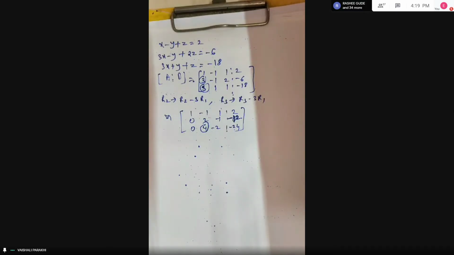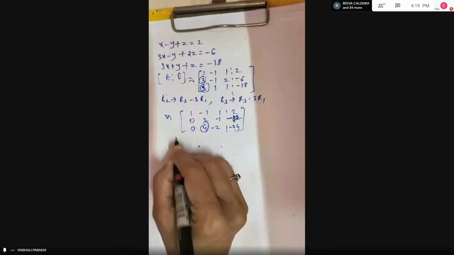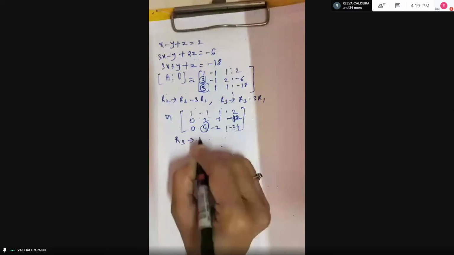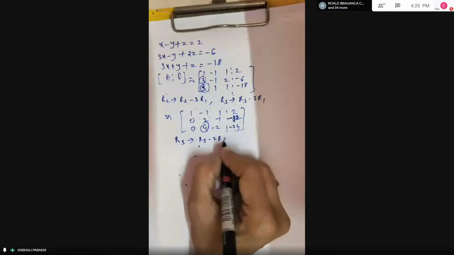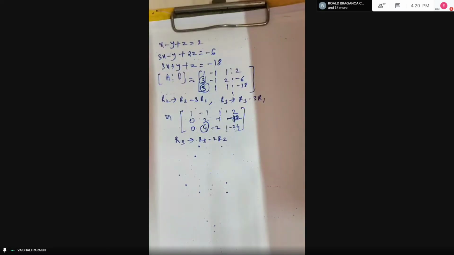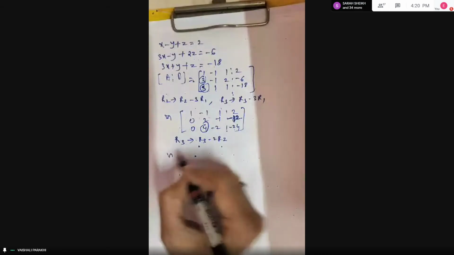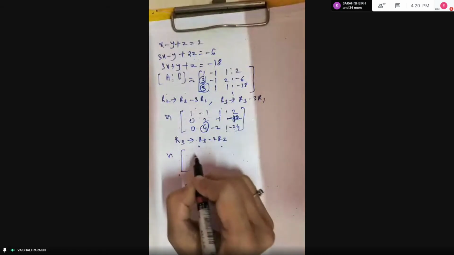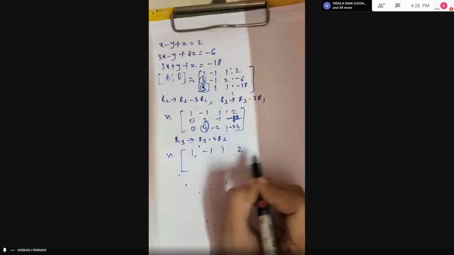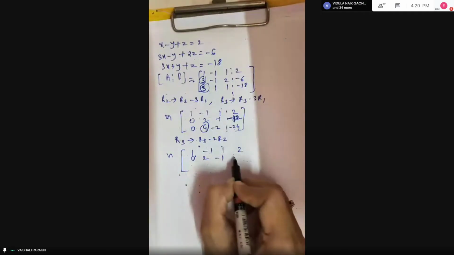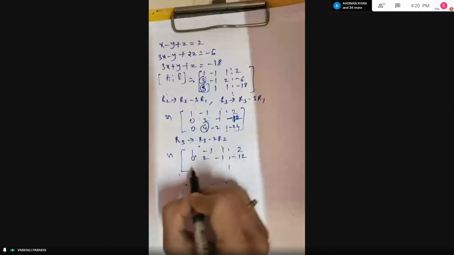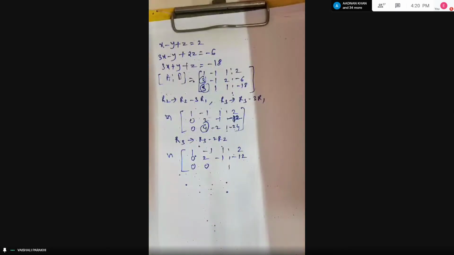R3 goes to R3 minus 2 R2. Very good. You are not taking help of R1 now because the first 0 will become non-zero, right? So only R3 is changing. First row same, second row same, and then this will become 0, 0. Tell me the last two numbers.